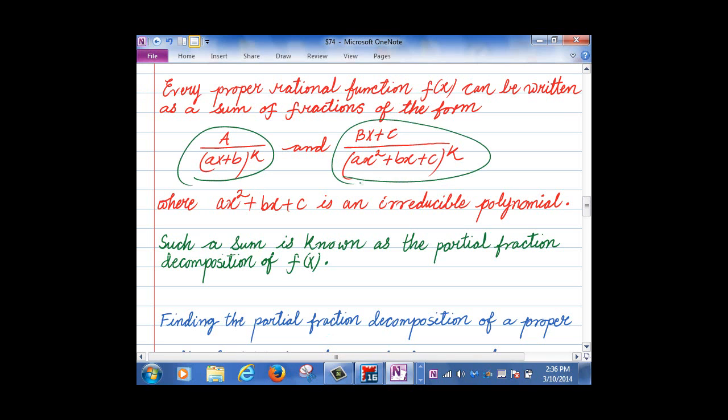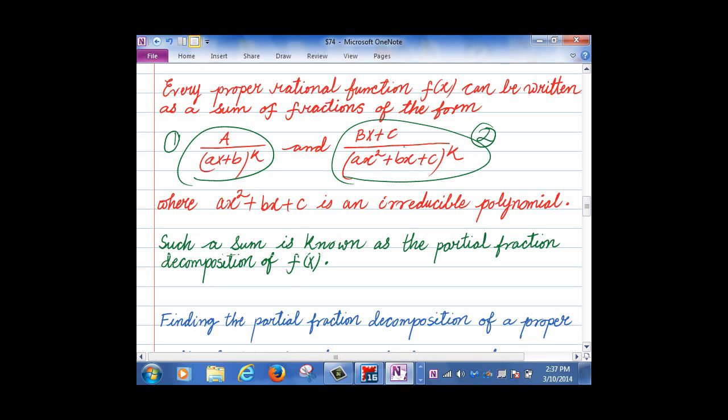Every proper fraction, I can express it as a sum where each summand either looks like number 1 or number 2. In number 1, I have a linear factor to the power something in the denominator, and a is a constant. In number 2, I have a linear polynomial in the numerator, and in the denominator I have an irreducible quadratic to some exponent k.